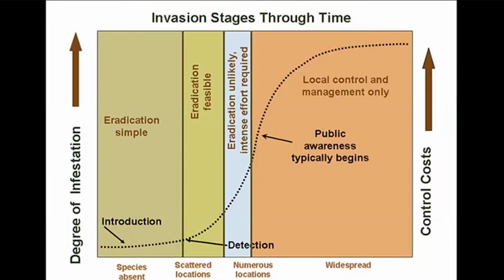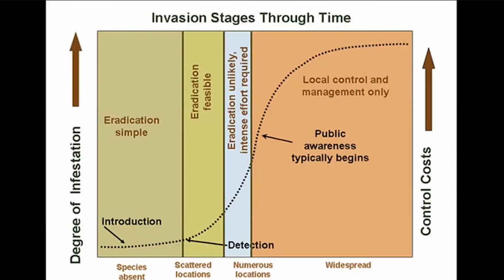Unfortunately, oftentimes either we don't do the detection fast enough or a rapid response to that detection is not made, and the plants are allowed to stay in place, continue to grow, reproduce, produce seed. Those seed are scattered oftentimes by wind, water, or animals to other locations, and then they have an opportunity to infest those new areas.